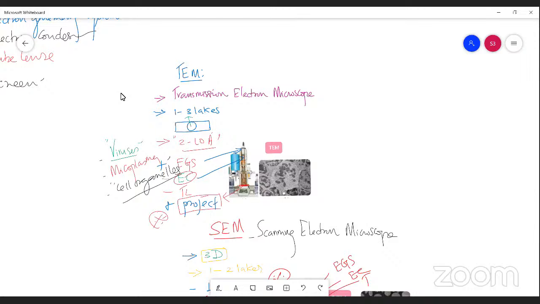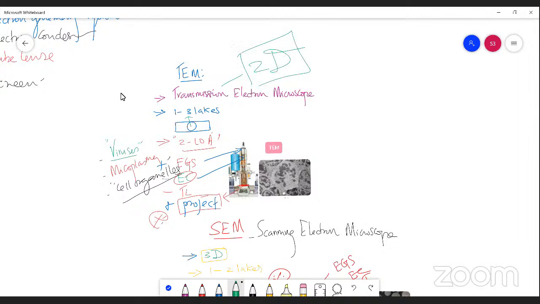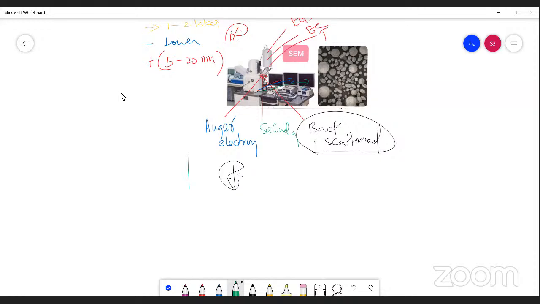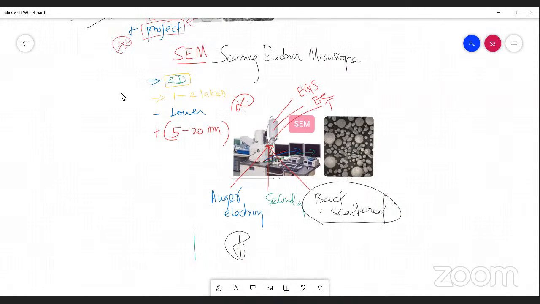Talking about TEM, the structure can be seen only in two dimensions, a 2D image, whereas in SEM it can be seen in three dimensions. Very good.